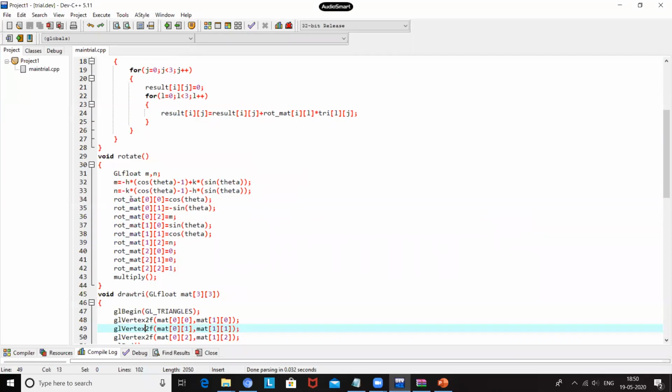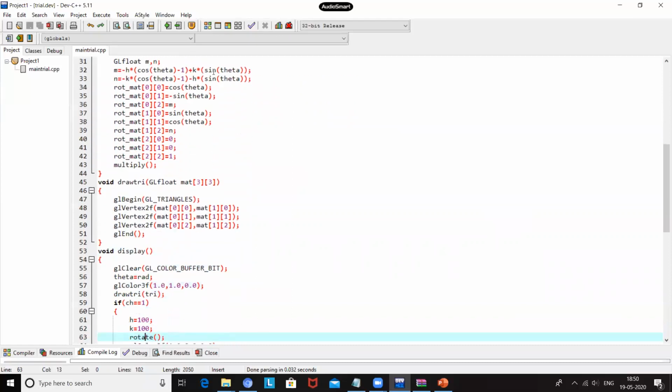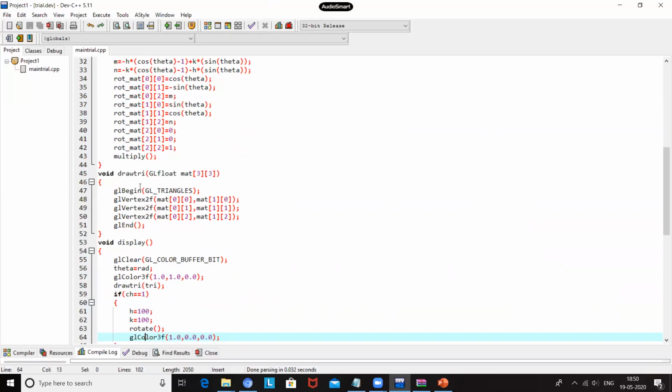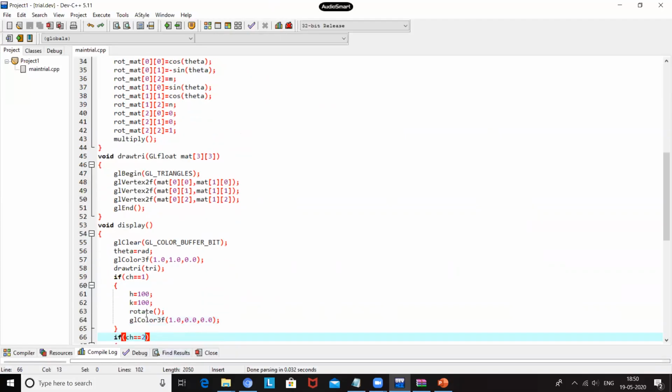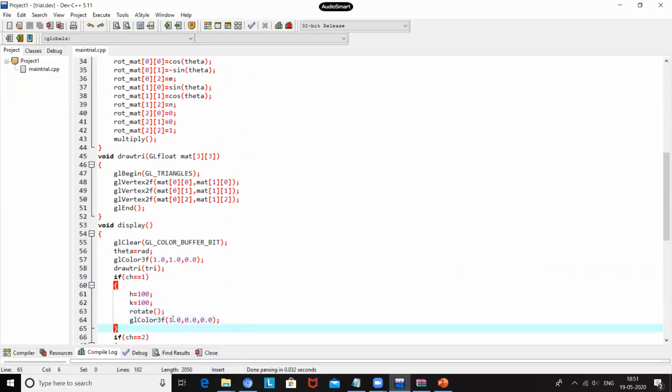Now we need to multiply with the coordinate values so that we get the new points after the rotation. When we call this rotate function, we change the color to only red. Initially we display the original triangle in yellow, and now the rotated one is displayed in red.